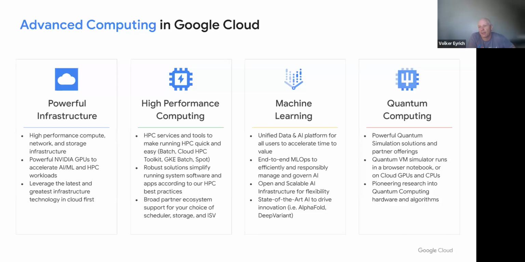That is ultra-fast processors, ultra-fast networks, and also, and I think this is important to remind people who may work in fields like computational physics or computational chemistry, we can run tightly coupled jobs very well in Google Cloud at scale. So the likes of molecular dynamics, for example, can be run very, very well in Google Cloud. We have multiple access modalities.